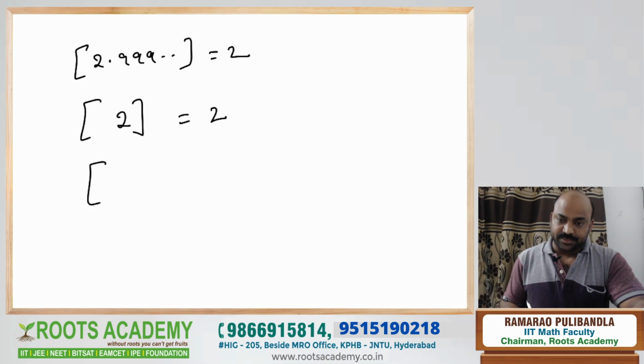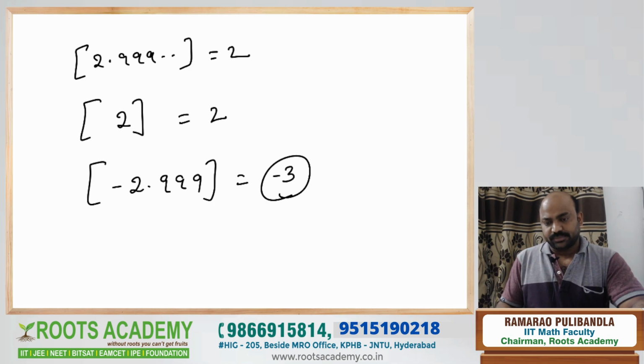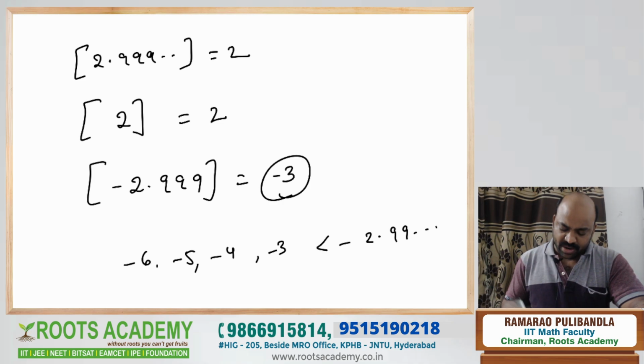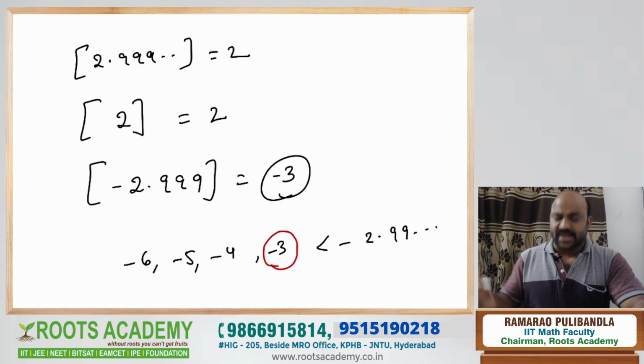Step of -2.999 is -3. Why? Can you write all the integers which are less than this number: -3, -4, -5, -6, like this I will get. But among these, -3 is the greatest one.